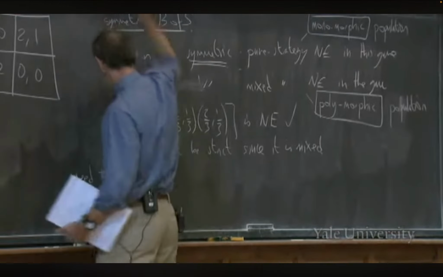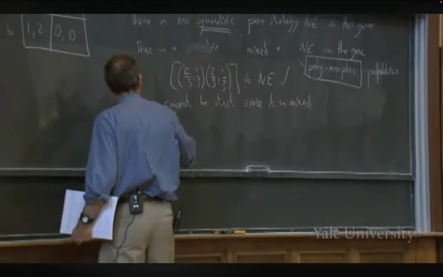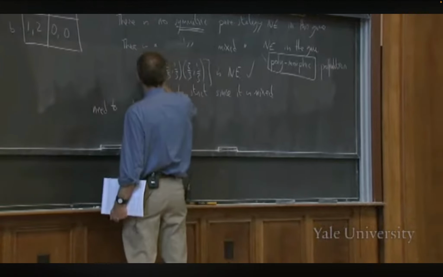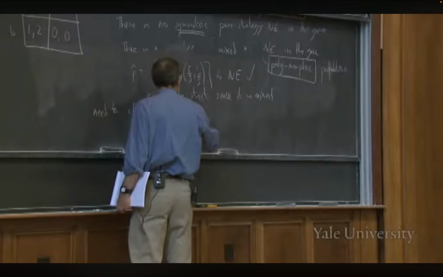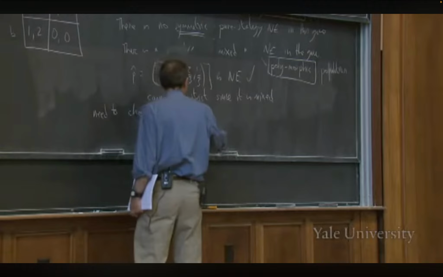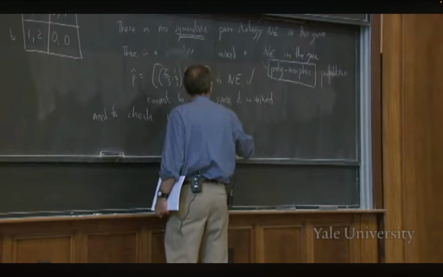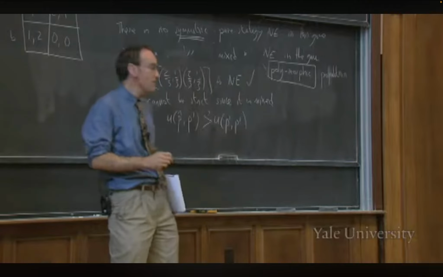we need to check how the payoff of this strategy, let's call it P hat, how P hat does against all possible deviations, and compare that with how those deviations do against themselves. We have to make this comparison.